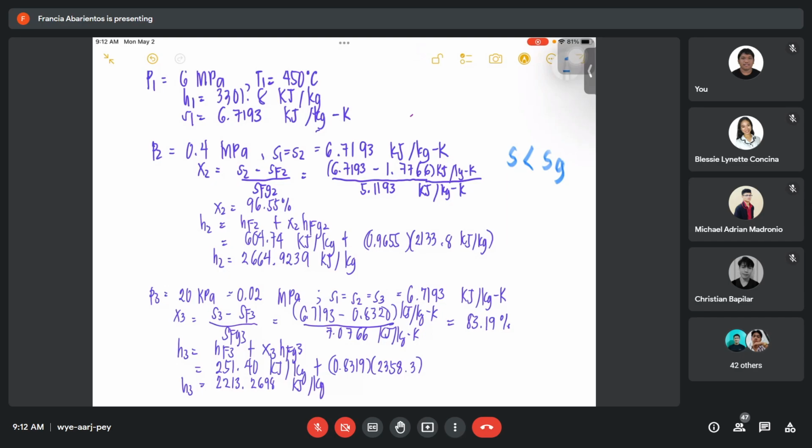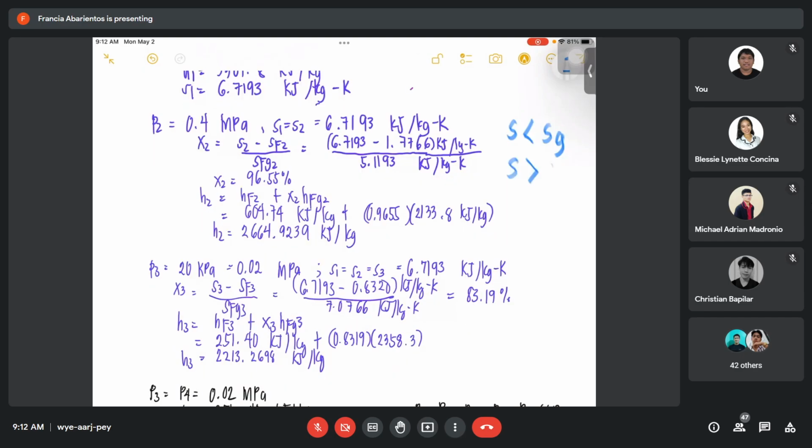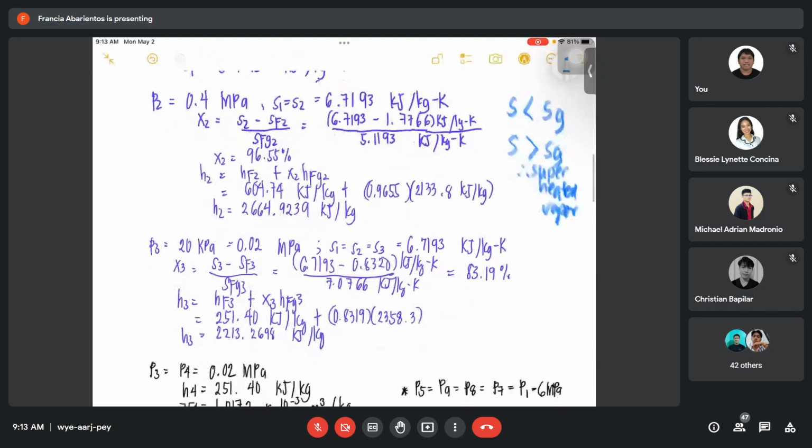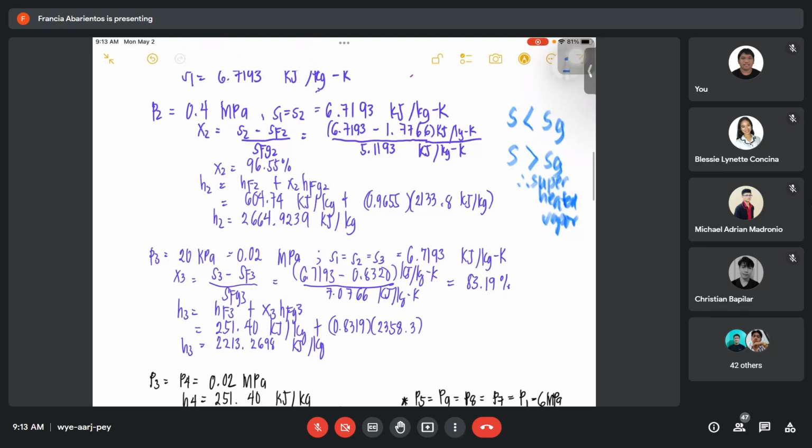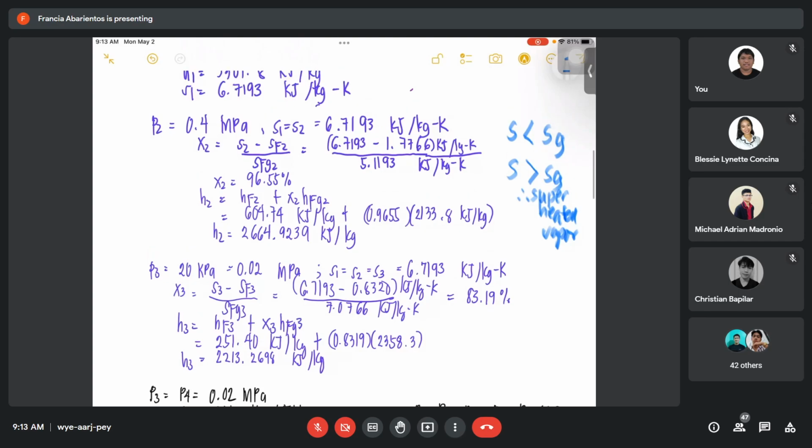Pero kung yung S natin na nakuha is greater than, superheated yan. Okay, superheated vapor. From pressure 3, we have 0.02 MPa. So that is now a constant isentropic. Yes, tama. Isentropic process. So, this falls under the category of the wet region again.